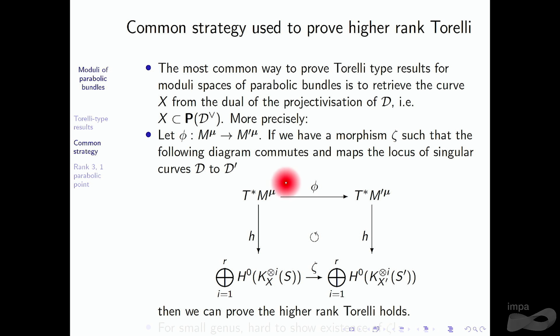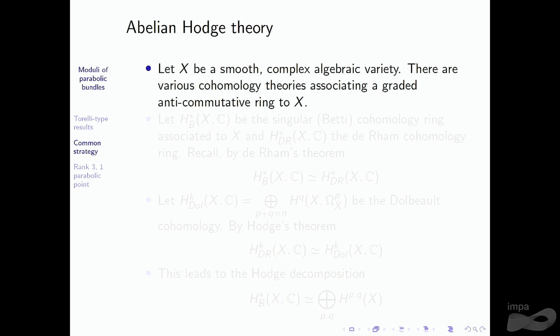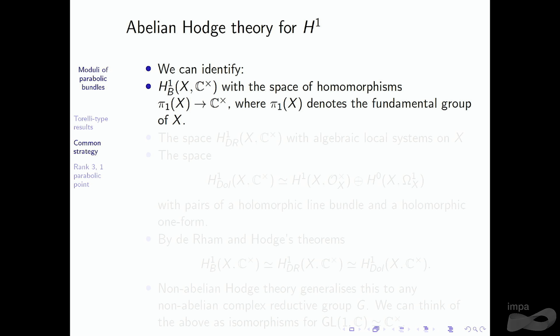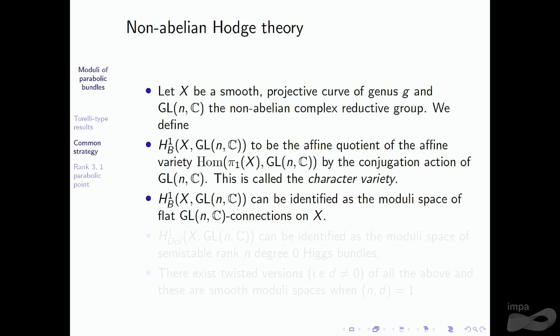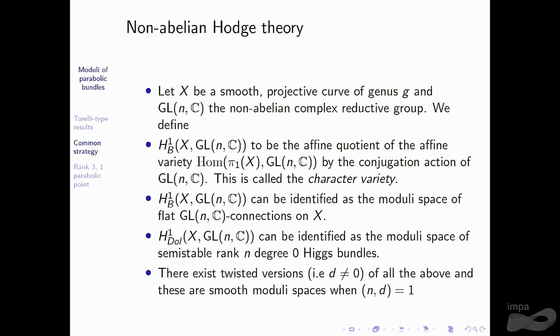In low genus, you don't have this zeta, and for some ranks you might still be able to get it, but not in general. So what can we do for our case when we are interested in rank 3, genus 1? So far, are there any questions? No. Okay, very good.